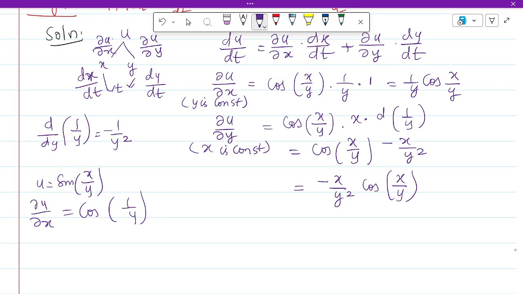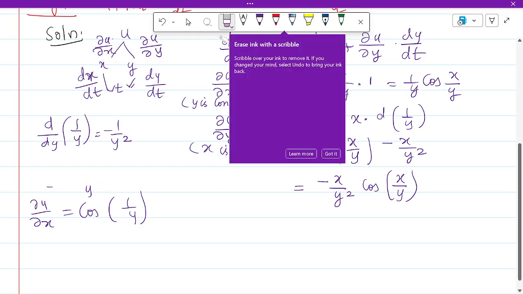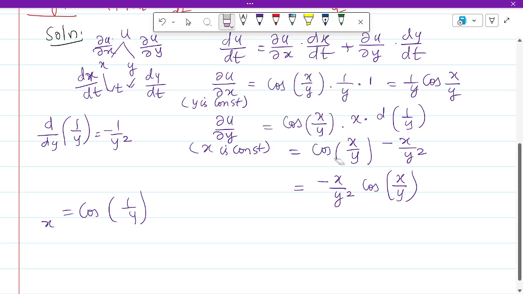It is wrong. Okay, so you have to differentiate carefully. So we can erase it now. This type of mistakes you have to avoid when you are doing partial differentiation.